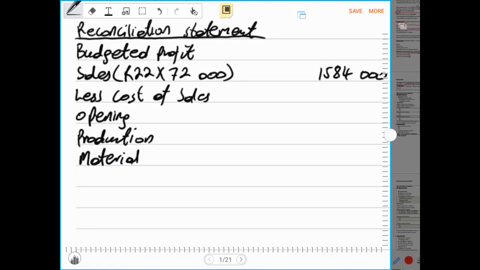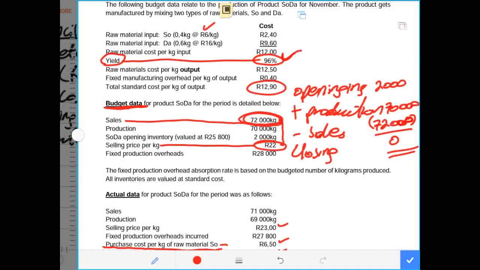So we can split the two, or we can just write it as one amount. I just want to write it as one amount in this case, where our production will be made of the cost, also taking into account the opening inventory.